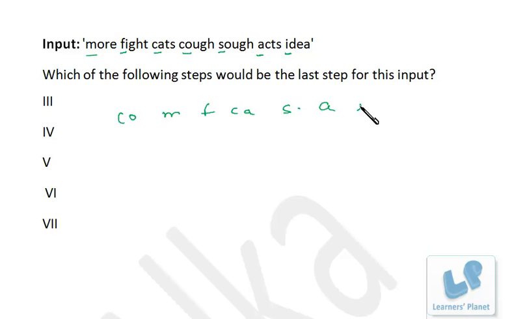S, A and I. And in the second step, after C in the dictionary we get F. So F, M, C, A, S, A, I, right? After that in the dictionary, S will be there. So C, O, F, S, M, C, A and I, right? After that, it's the time for the 4-letter word.